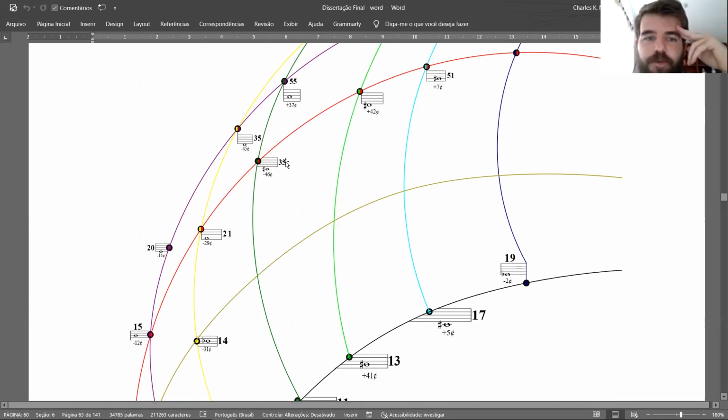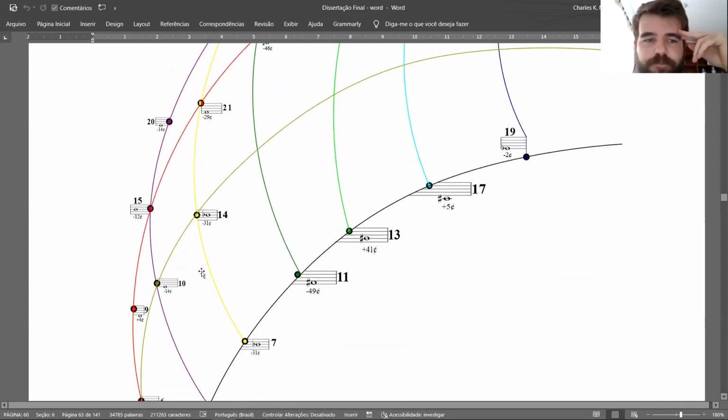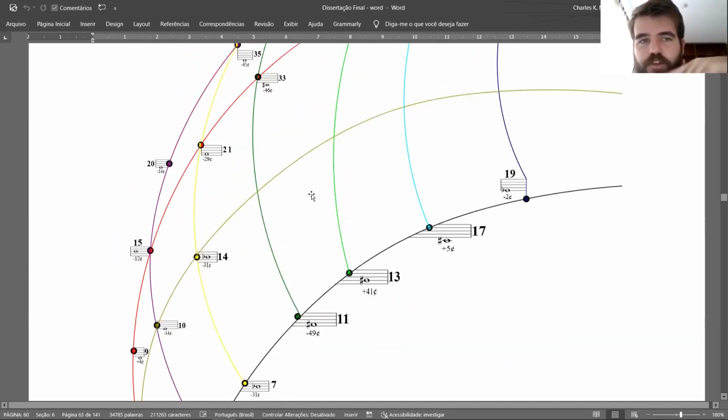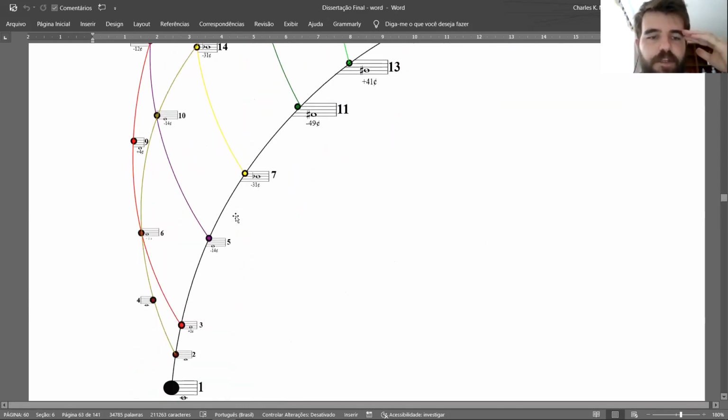For example, 33 shares harmonic series with the 11 and 3. So this harmonic can be used to build a chord with the fundamental 11 and 3 at the same time.